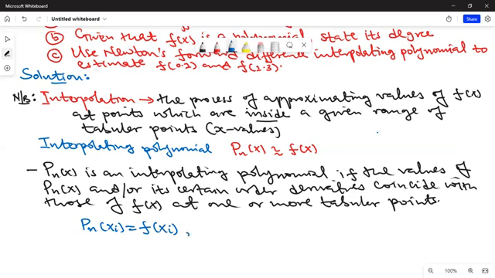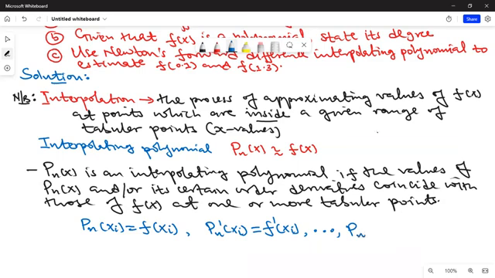Another one is when you differentiate: Pn prime at xi must also be equal to f prime at xi, etc., up to the nth order derivatives. We can proceed.